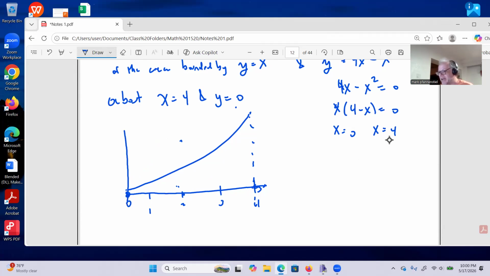The idea here is that somewhere, x squared and 4x minus x squared are going to swap positions. One is going to be on top and then the other.